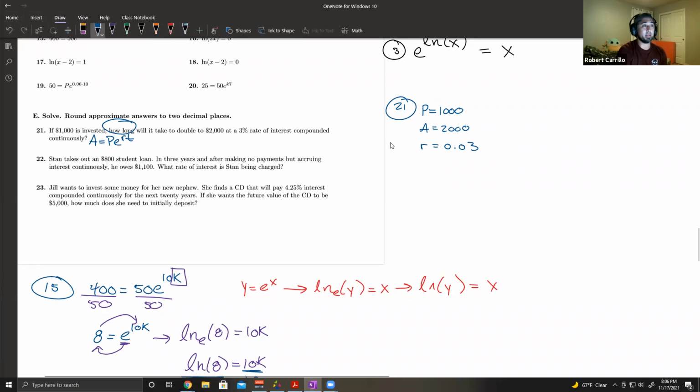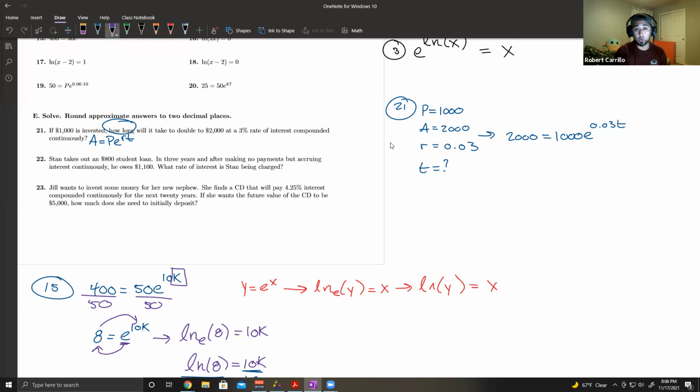So this means that we are solving for time. Okay. So since we're using PERT, let's plug in everything that we know. It's going to be 2000 equal to 1000 times e to the 0.03 times t.